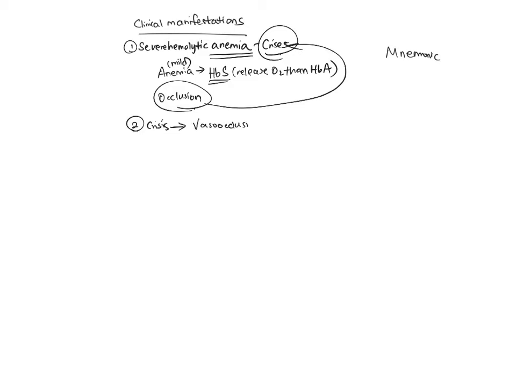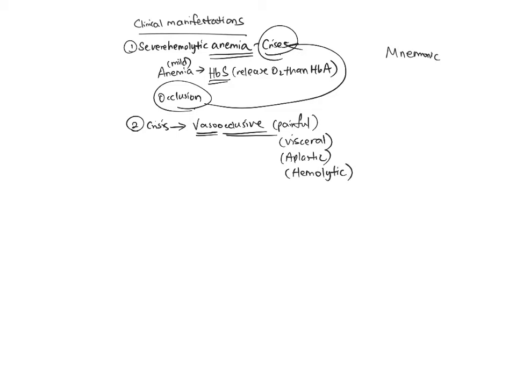The word vaso means vessels, and occlusive just means blocked. So the symptoms arise when the blood vessels are blocked by the sickled cells. It could either be painful, or it could be classified as visceral. And also it could be aplastic or hemolytic, and we'll explore each of these in depth.